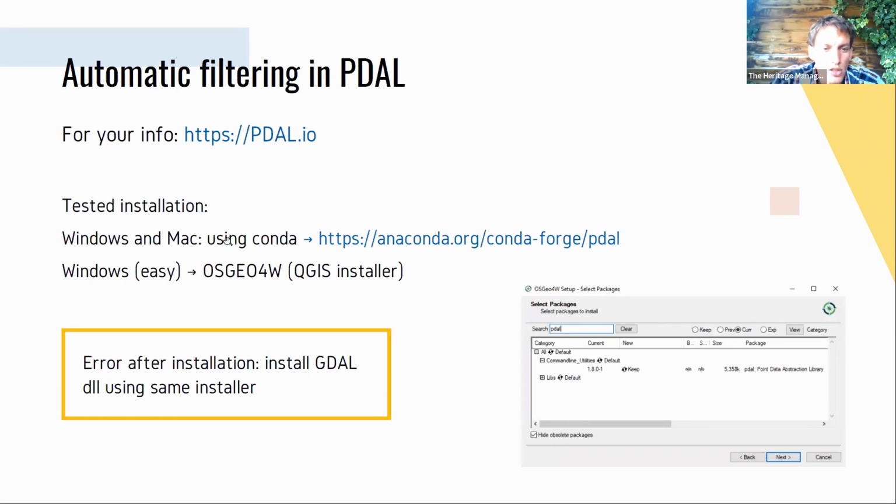However, it is also possible to install it using Anaconda, for example. I'm a heavy Anaconda user for Python scripting. And if you're a Mac user, the PDAL libraries are also available via Anaconda. So if you have Anaconda, install PDAL and you will have your library. But that's just for your information.